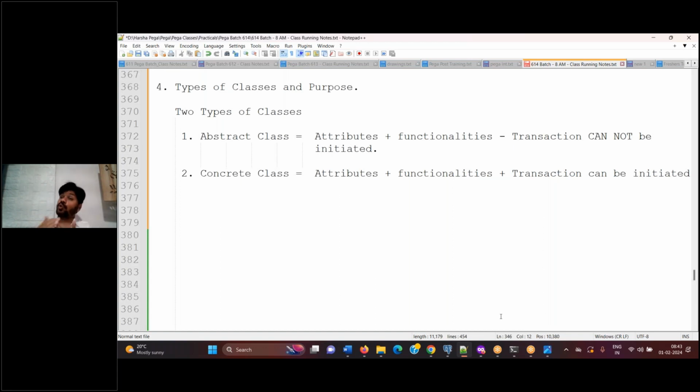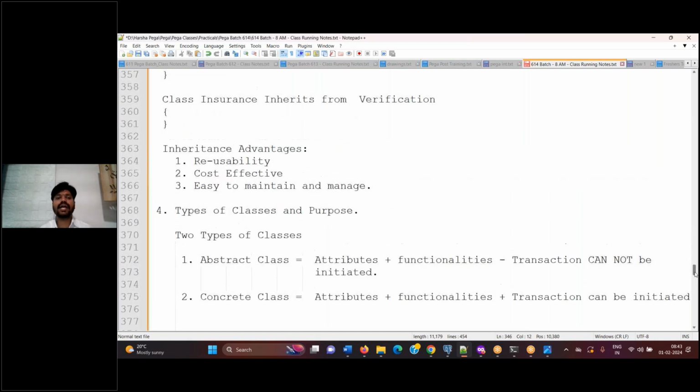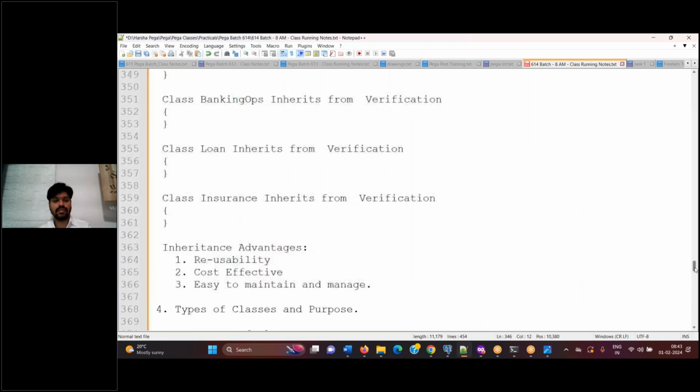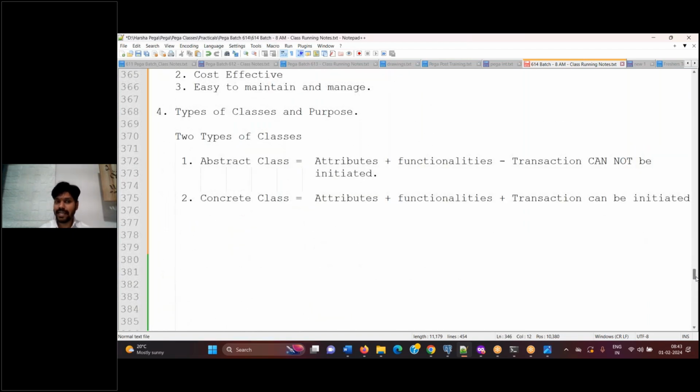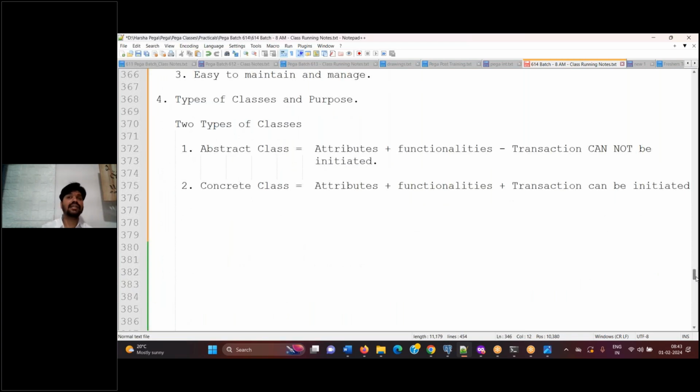Usually, higher classes are what type of classes? Abstract classes or concrete classes? Abstract. Usually at the higher level we have seen abstract. These are all lower level. What is at the higher level? Verification. That is abstract. I am not saying that higher level classes are always abstract.